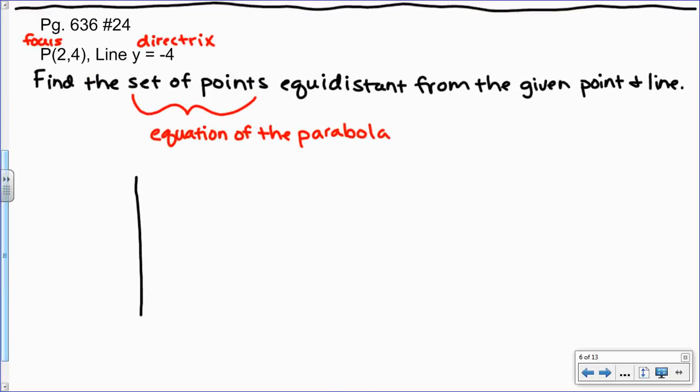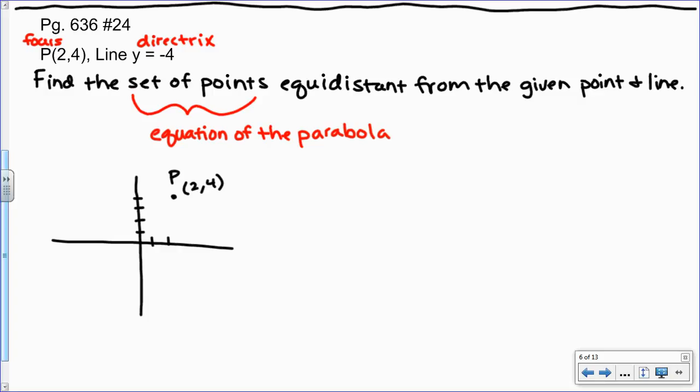Okay, so here's point P, that's (2, 4). The line is y equals -4. Is that a horizontal or vertical line?